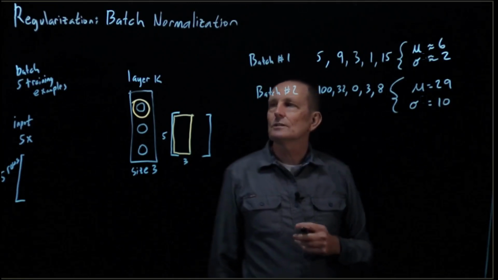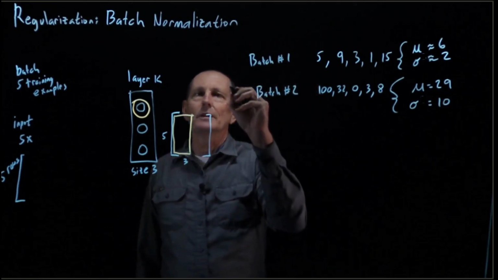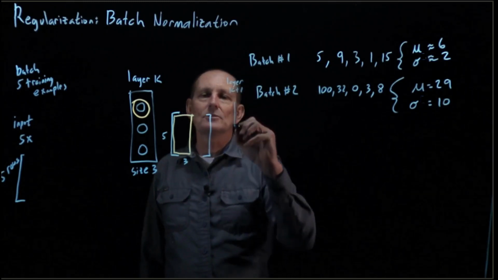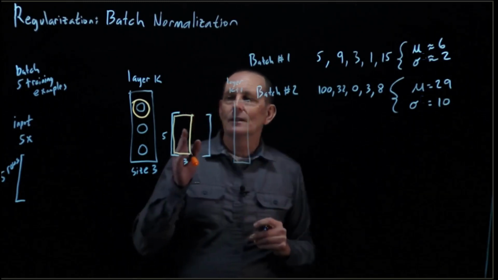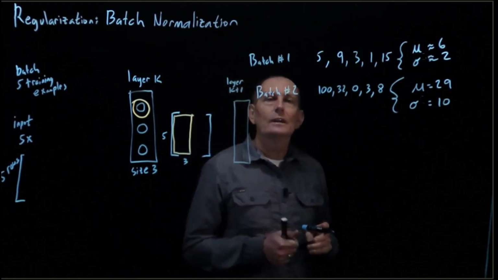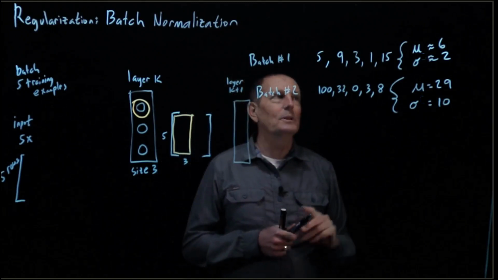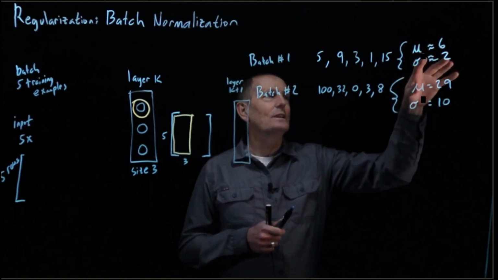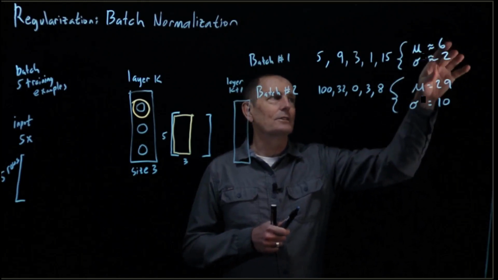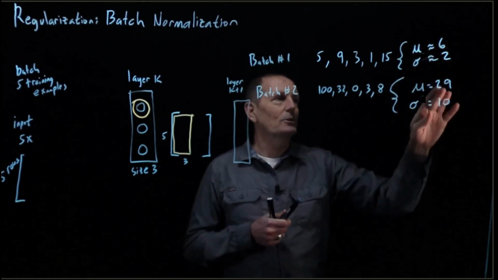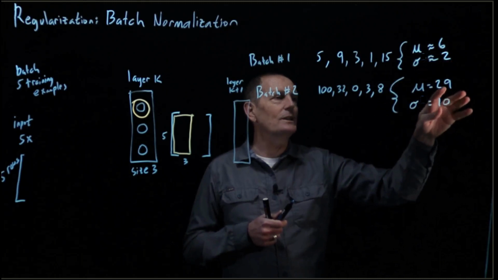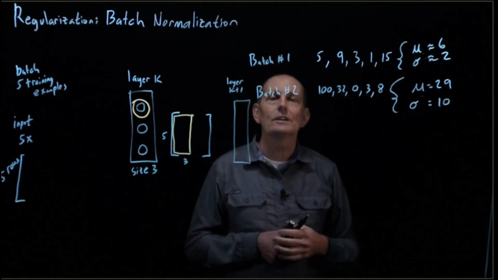But what I want you to notice is, let's look at layer K plus 1. K plus 1 has these values coming in. In one batch, we're going to get a set of values with a mean and standard deviation of 6 and 2. In the next batch, we're going to get a much larger mean, and a larger standard deviation too.